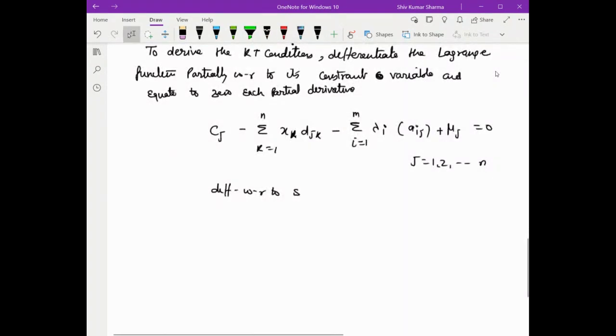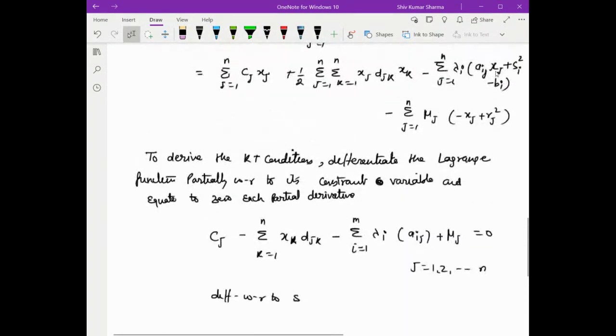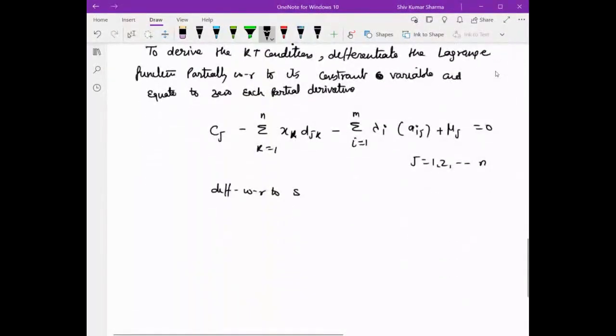So this can be written as minus 2 lambda s equal to 0, that is, lambda i si equal to 0 in general form. So lambda i into si equals 0. This is the first equation.